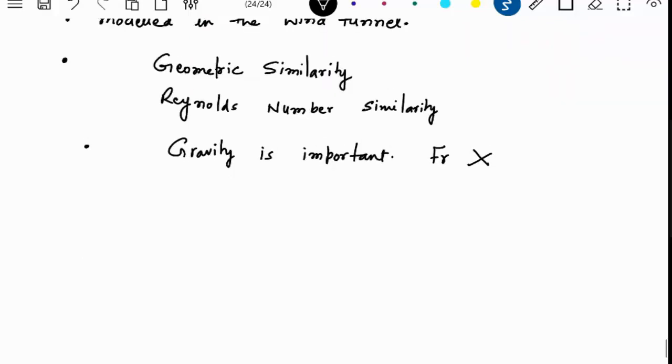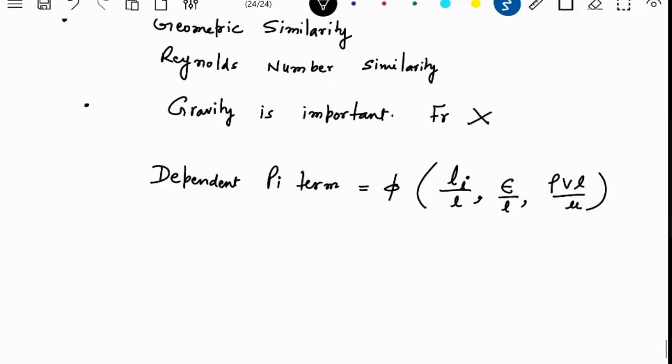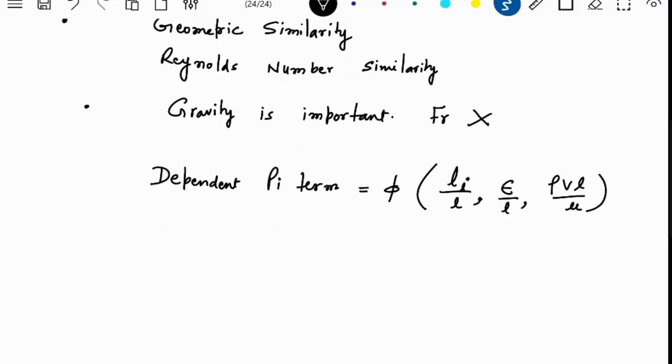So in this case, very similar to the previous situation, the dependent pi term can be written as a function of geometric similarity, surface roughness similarity, and the Reynolds number. So these three numbers will be important in this case.